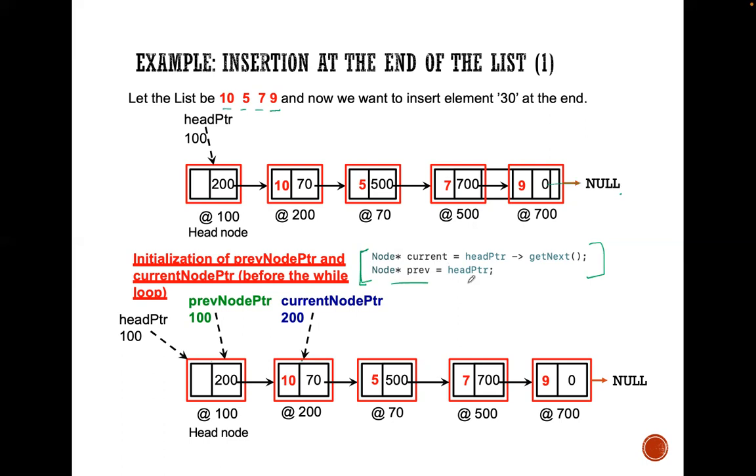When we assign one pointer to another pointer, it means these two pointers will point to the same address. So now previous is pointing to the same address as the head pointer.